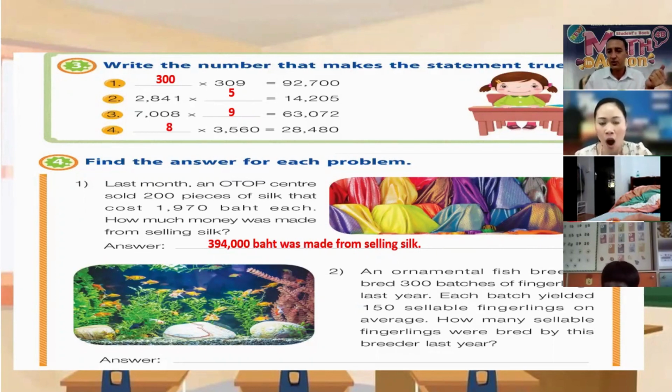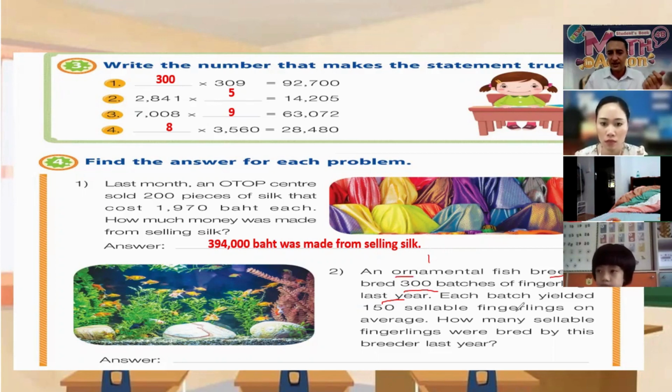Okay, question number two. We have an ornamental fish breeder who bred 300 batches of fingerlings last year. Okay, that's information number one.